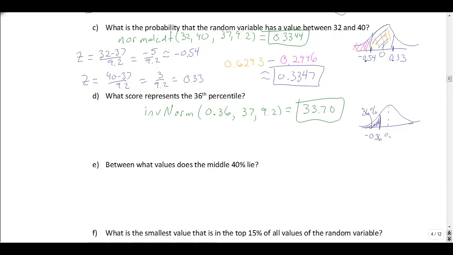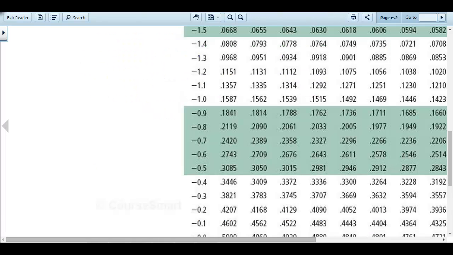Now, this is just random. It's actually kind of interesting that the 0.36 matches the 36%. That's generally not going to happen, but it worked out in this case. It's not negative 0.36 because it's 36%. It happens that if I look at the table, that's negative 0.36, my cutoff.